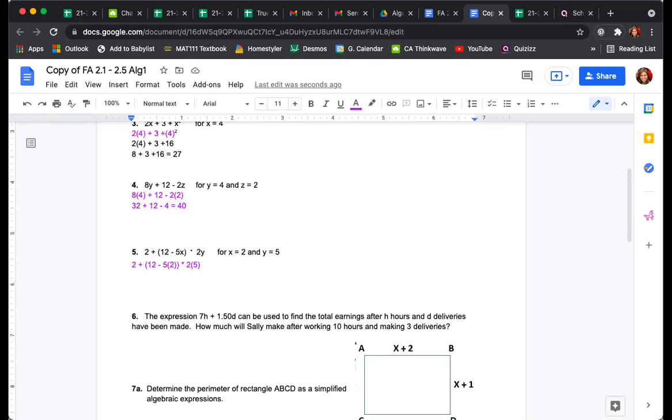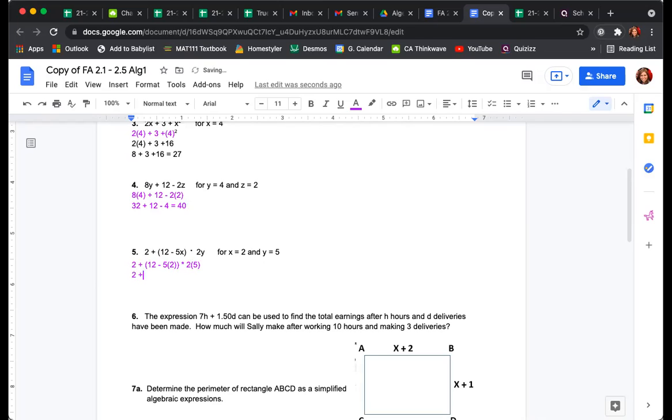So order of operations says handle the groupings first. Well, I've got several groupings here. I've got a set of parentheses here. I've got an overall set of parentheses here. But then inside of that parentheses, there's another set of parentheses, right? So I need to handle the most narrow focus groupings first.